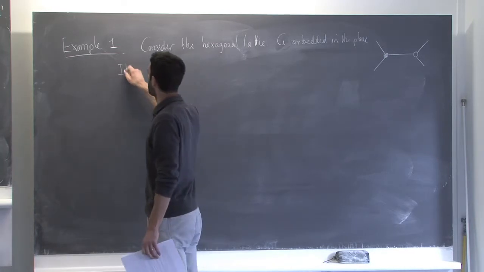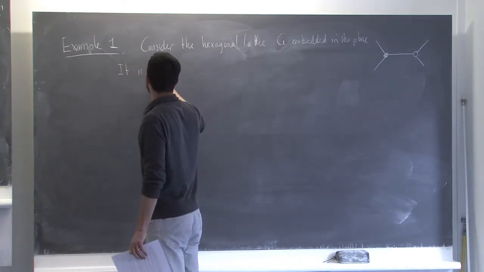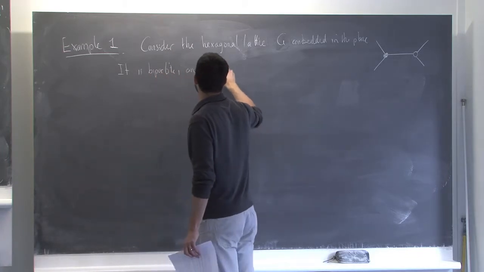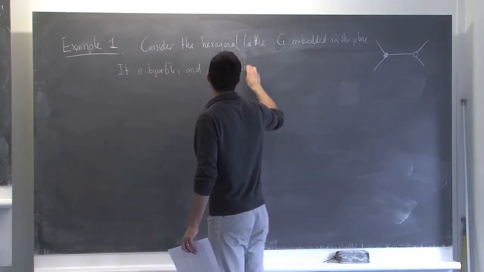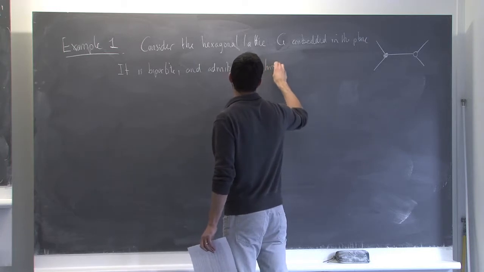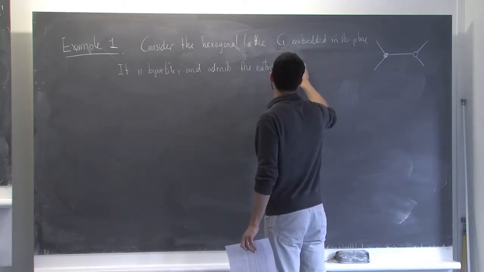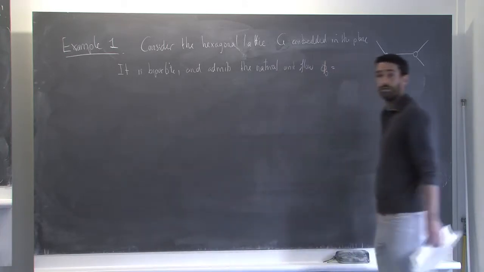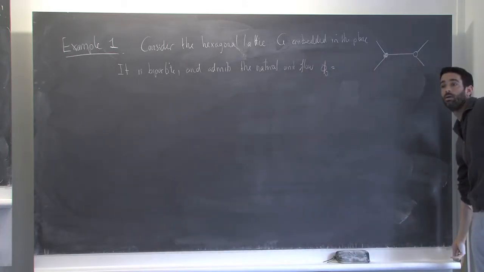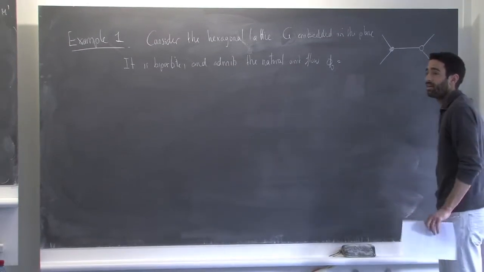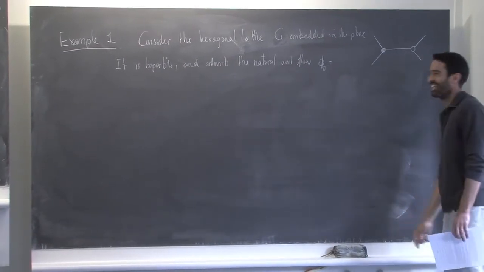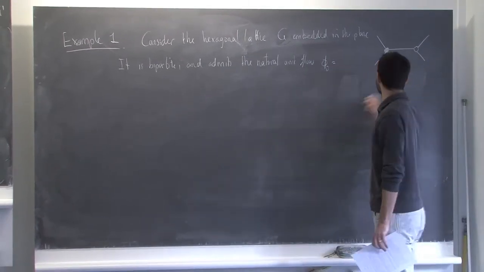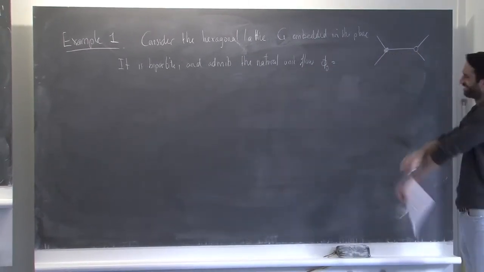So it is bipartite and admits the natural... do you see which one? Yeah, that would be one. No, I'm thinking of another one. You're right, so that would be another natural one.